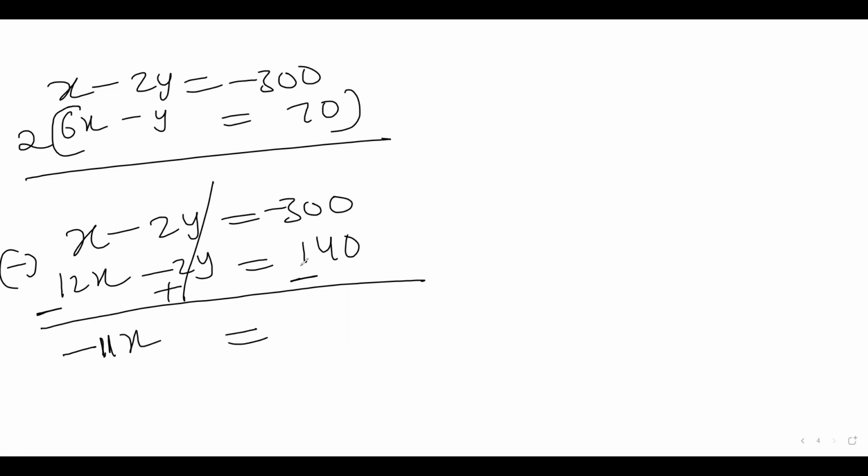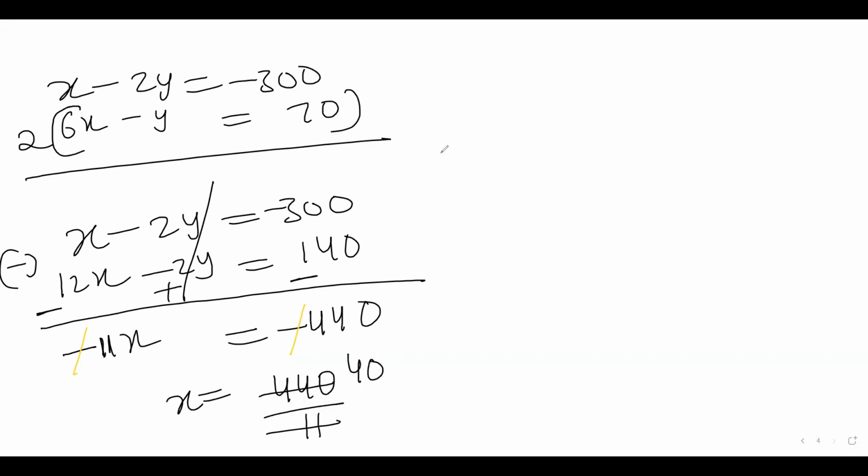On adding, I will get minus 440. Minus will get cancelled. X is equal to 440 by 11, exactly 40. So first person is having 40 rupees with him.